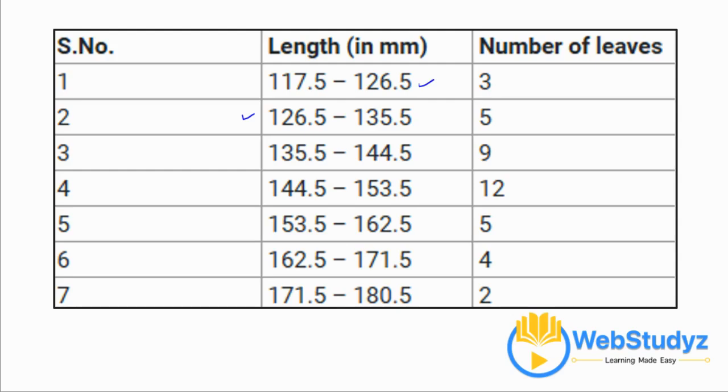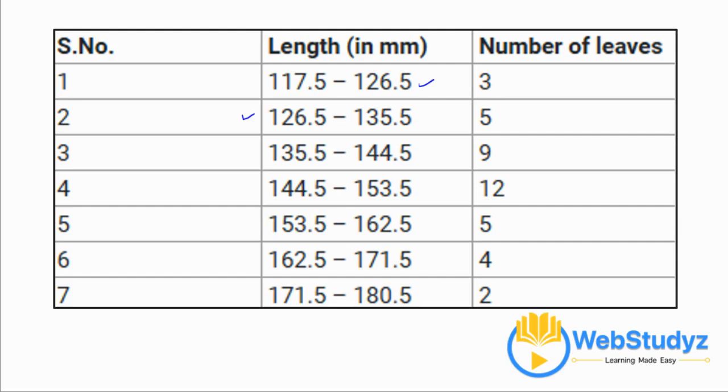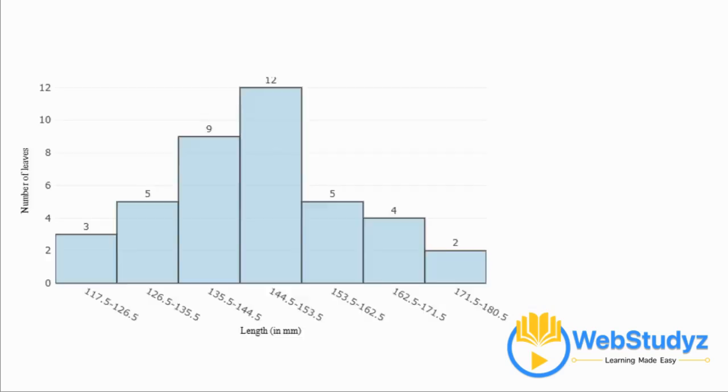So we have to draw the histogram to represent the given data. So first we made the class interval continuous. Now we have made the histogram using this continuous class interval, as we can see in this histogram figure.